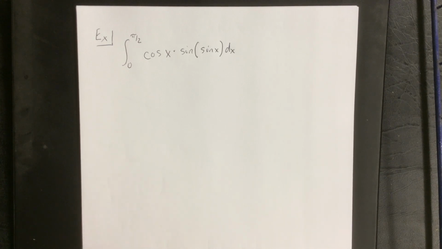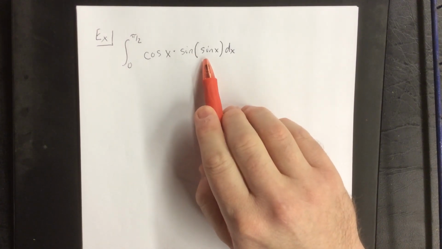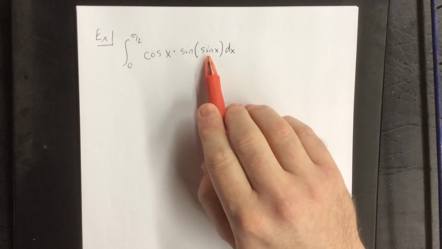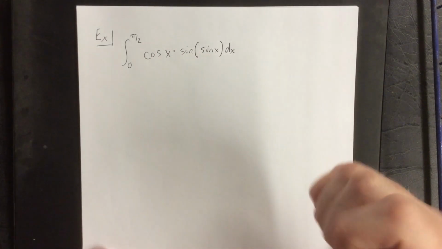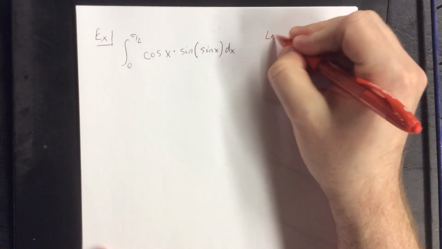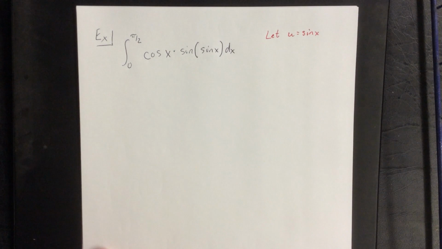Two things indicate that we should be using substitution in this case. First off, we have the sine of x, indicating that this sine of x is an inside function. I also see the presence of the derivative of this inside function in the form of cosine of x. So I'm going to let u be equal to that inside function, sine of x.